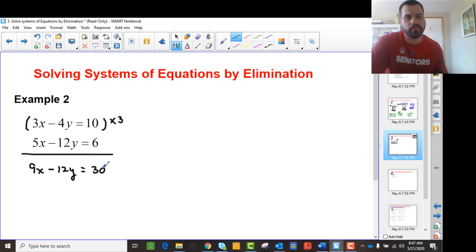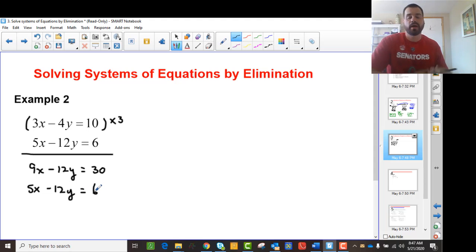I multiply the entire equation by 3, and the second equation I'm just going to leave alone. That's going to line up my y values. Now you can line up your x values instead. If you did that, you would have to multiply this equation by 5 and this equation by 3. It would require 2 multiplications.